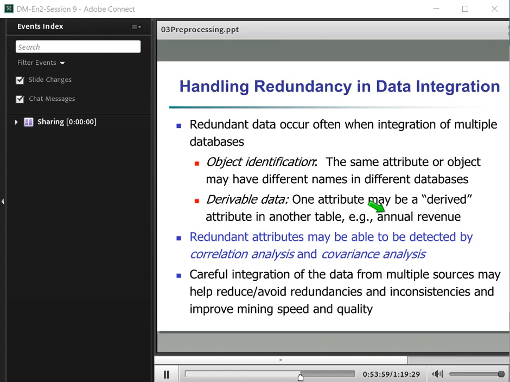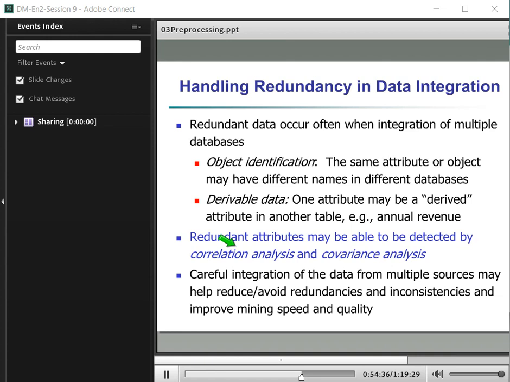It's a side effect of reducing redundant and correlated data. But it's present in some cases, not all cases. But in all cases, by reducing the amount of data, we can decrease the total time needed for the data mining process.